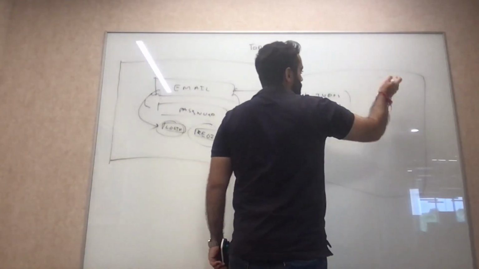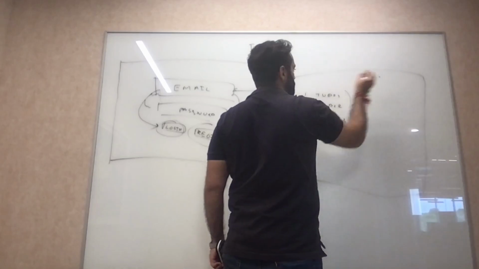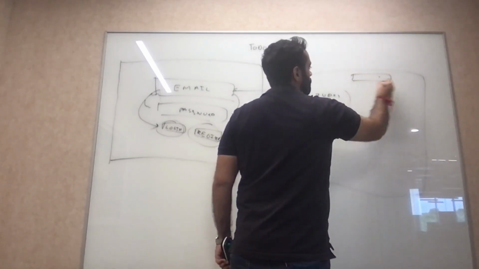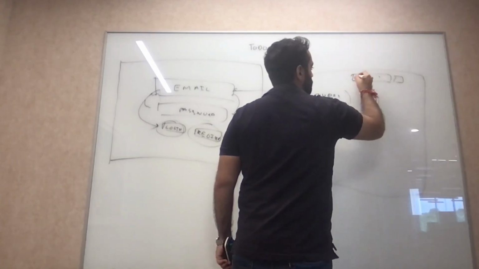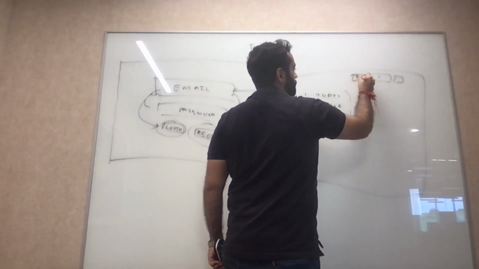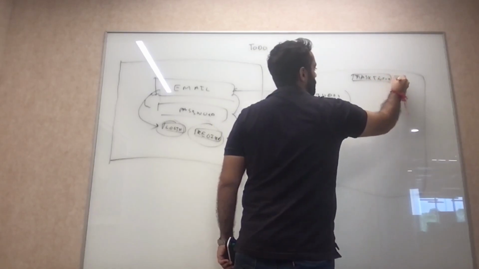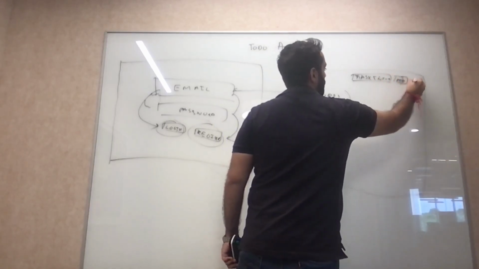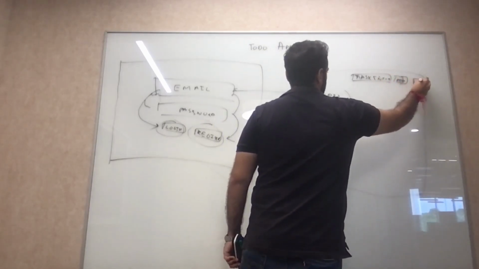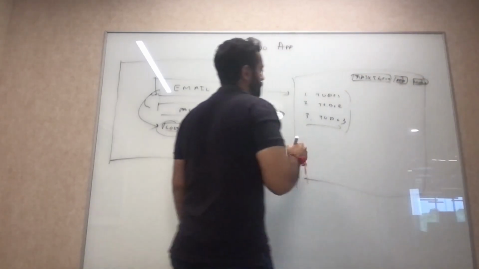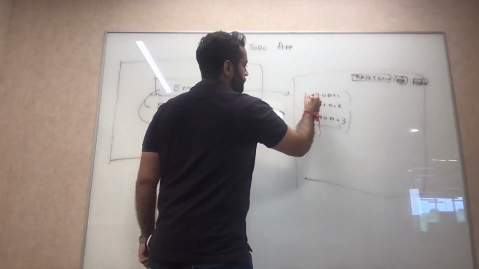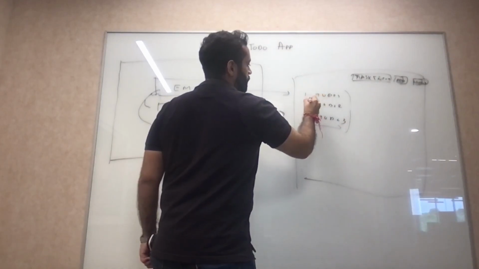Now the other thing which we will have is the task input and add button and a logout button. This is done. Now there will also be some subtasks associated with this.